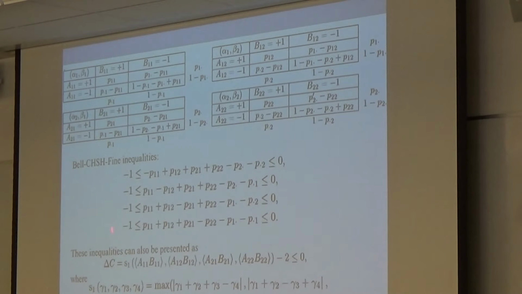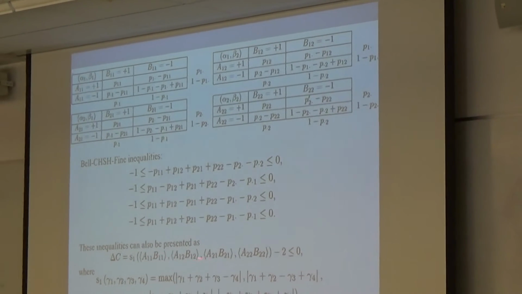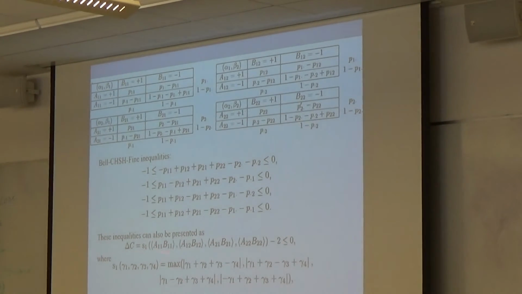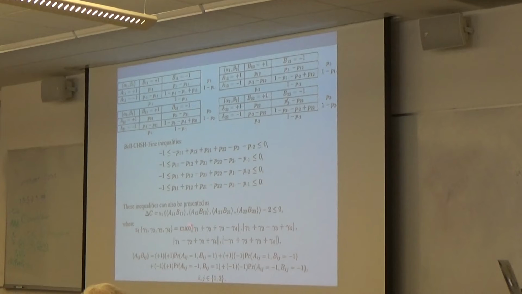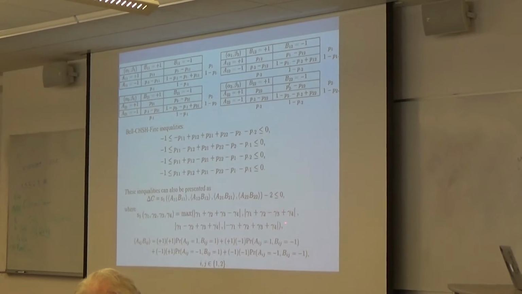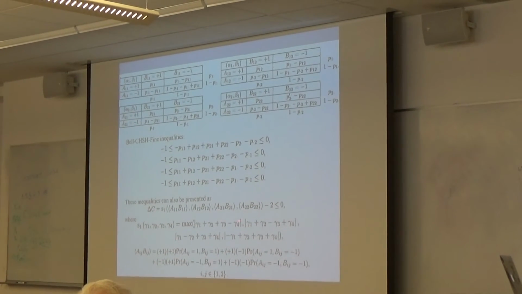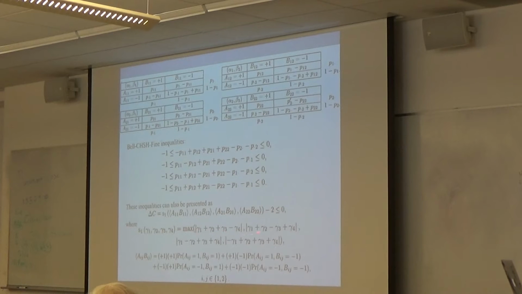Bell inequalities can be equivalently represented as a single inequality: delta C is less than or equal to 0, where the S1 function is the maximum of the 4 terms, and the brackets represent the expected value of the variable inside of it.